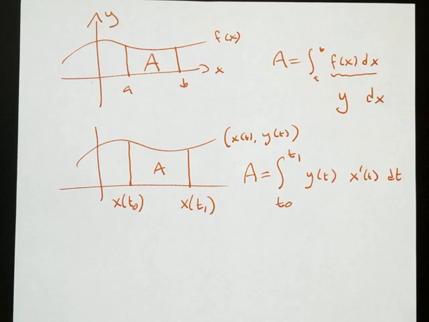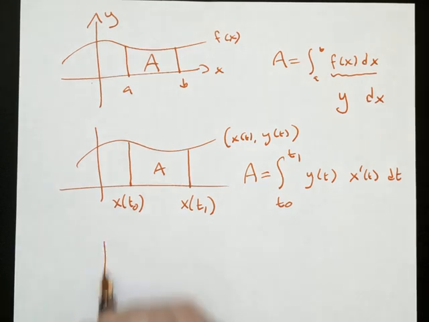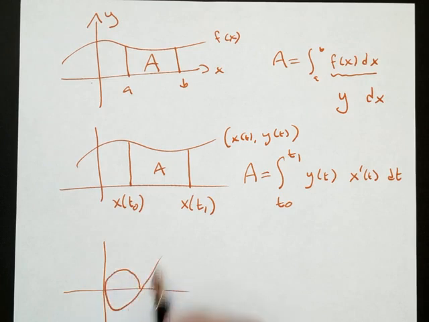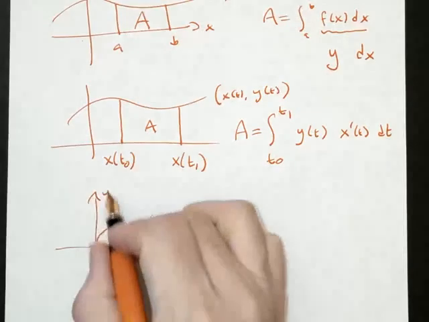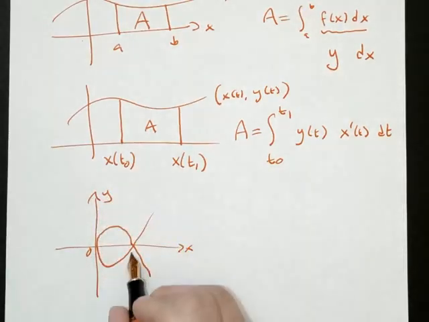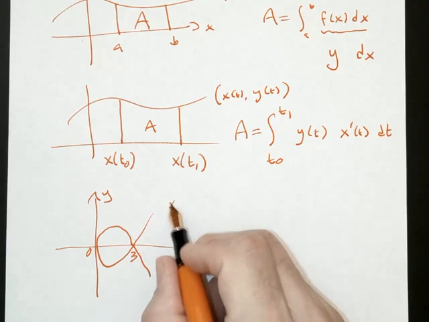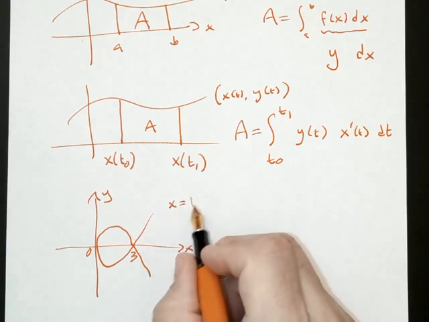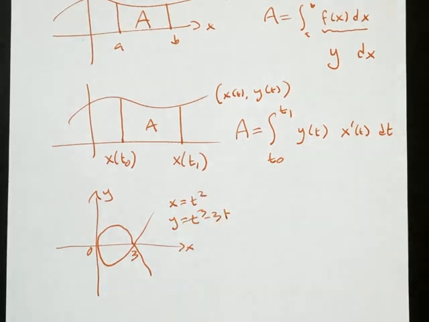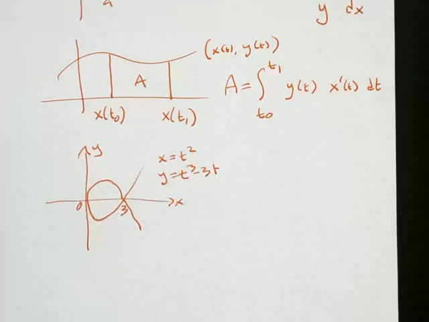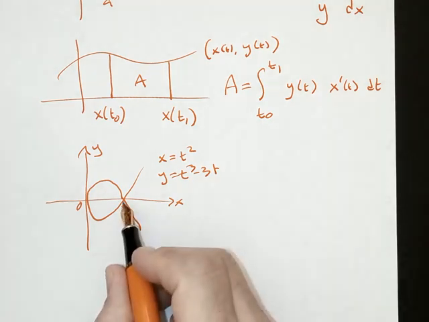All right, wait a minute. Right, our graph looks something like this. What were the t-values that put us at this point?